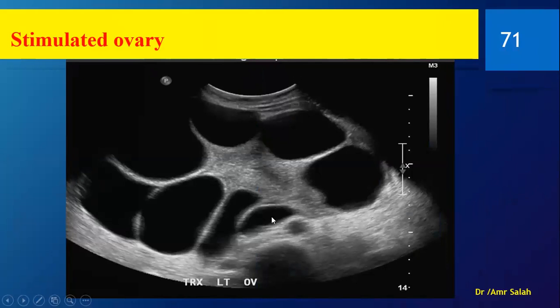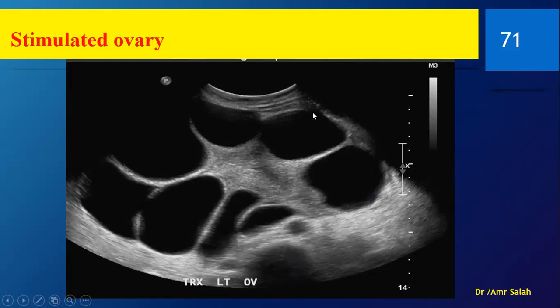The stimulated ovary represents an enlarged ovary, but here all the follicles are large. She's a female patient, of course. She complains of having many follicles, and none of them attains maturity.